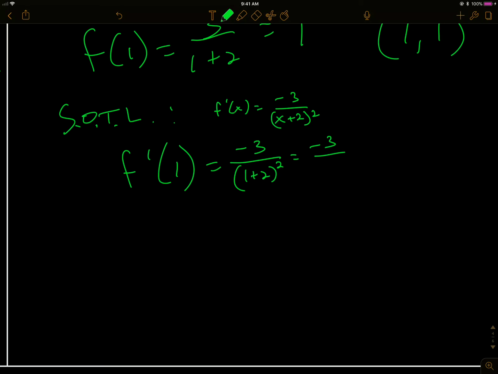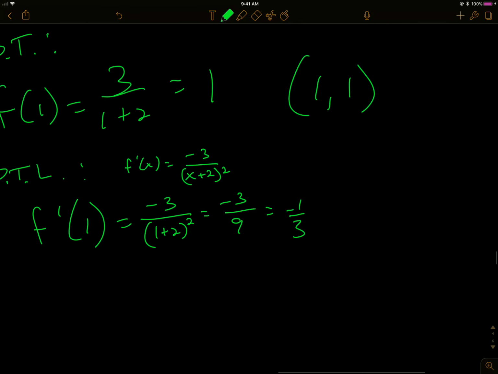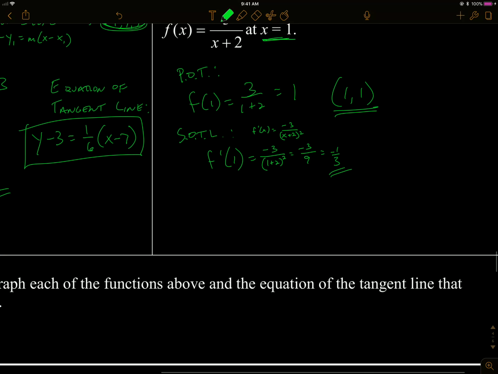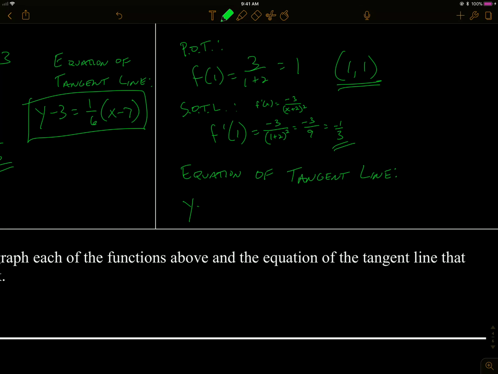We're going to get negative 3 over 9. Negative 1/3 is our slope. So now we're going to use the point of tangency and the slope of the tangent line to write the equation of the tangent line. So we got y minus 1 equals negative 1/3 times (x minus 1).